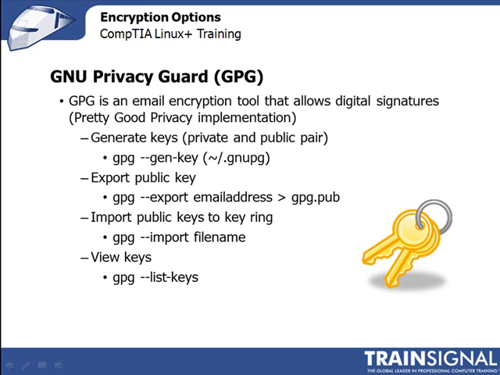And if you want to take a look at your key ring, you can use the command gpg --list-keys. The UID line in this file is most important as it contains the name and email address you'll use. Let's go to a terminal window and generate our GPG keys.